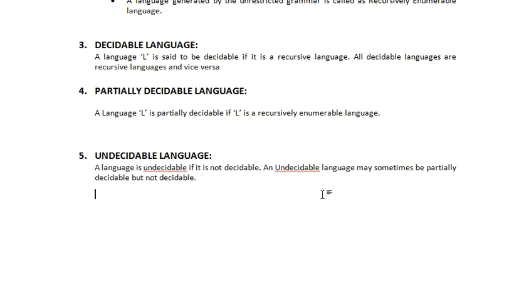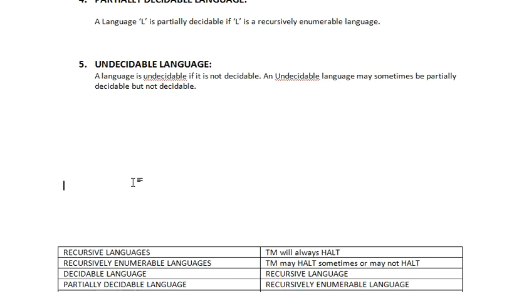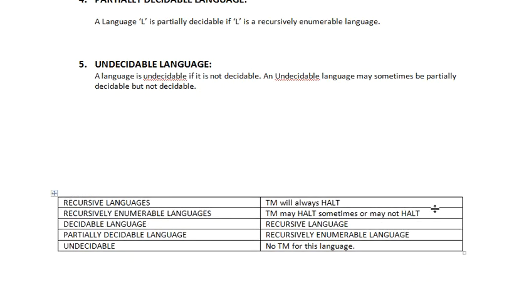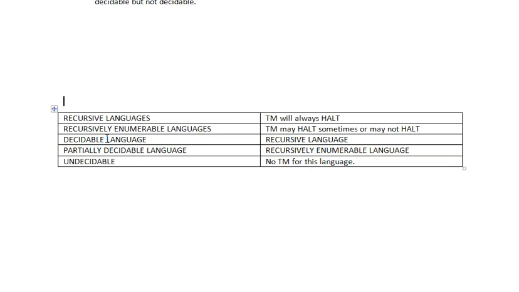Okay. Now finally, how can I conclude this? I can conclude by using a table which will always be useful for you to get a summary of this particular scenario. A recursive language is one where the Turing machine will always halt. For a recursively enumerable language, the Turing machine may halt sometimes or may not halt. This means that for all the strings which belong to the language, definitely we'll get the accepting halting result.